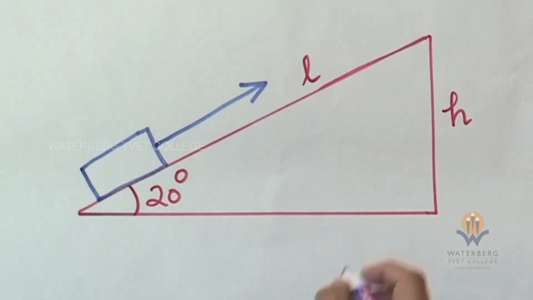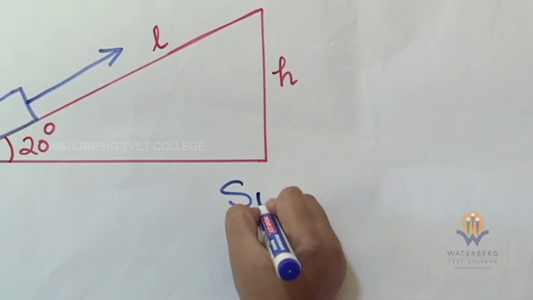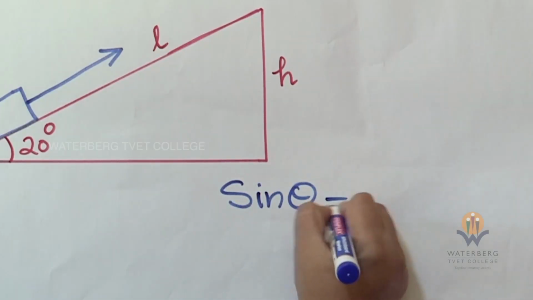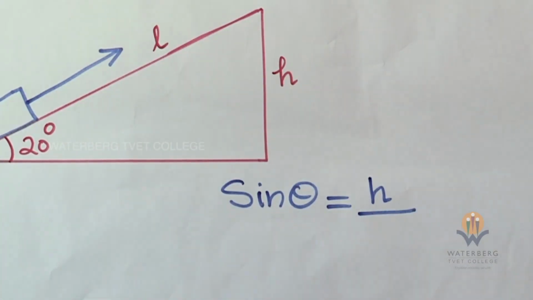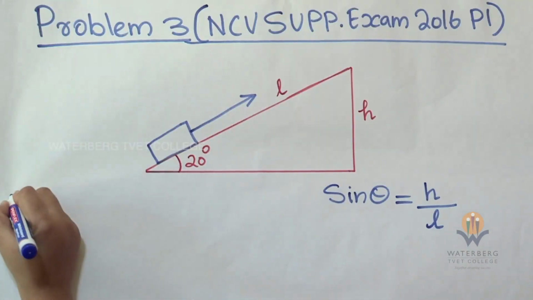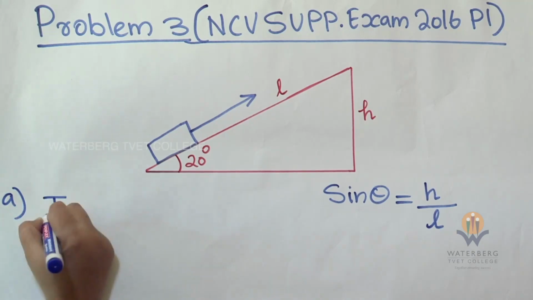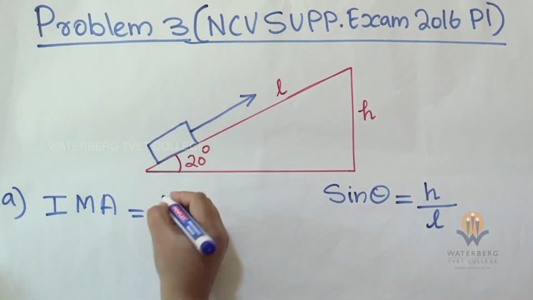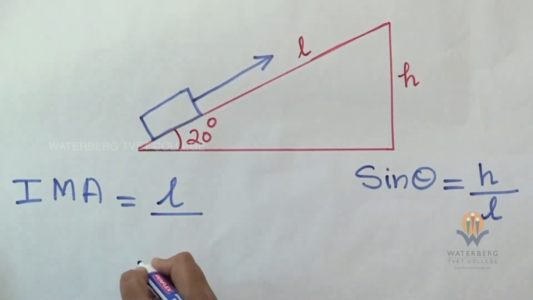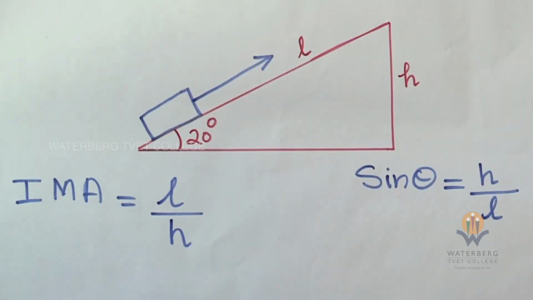So we can use the trigonometric identity: sine theta equals opposite side, which is h, over hypotenuse, which is L. So it's h over L. And we know that the ideal mechanical advantage of an inclined plane is the length of the incline over the height of the incline.